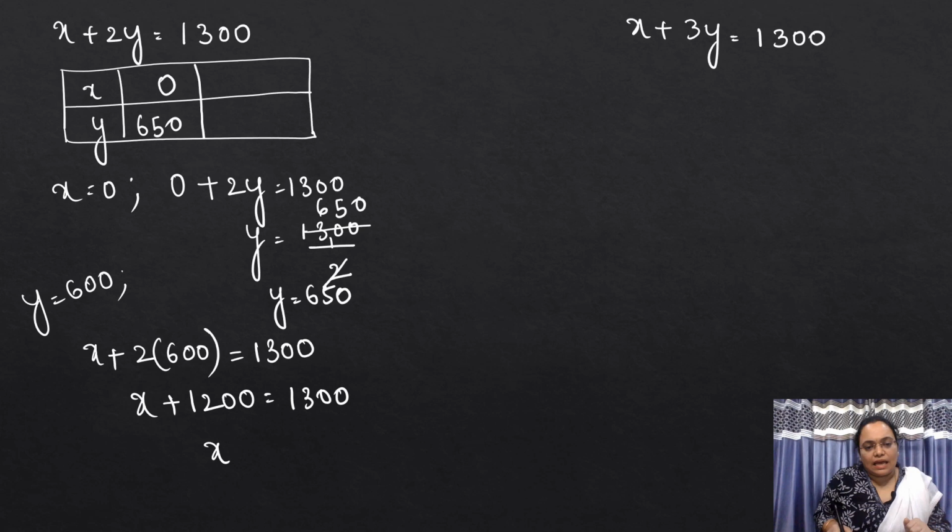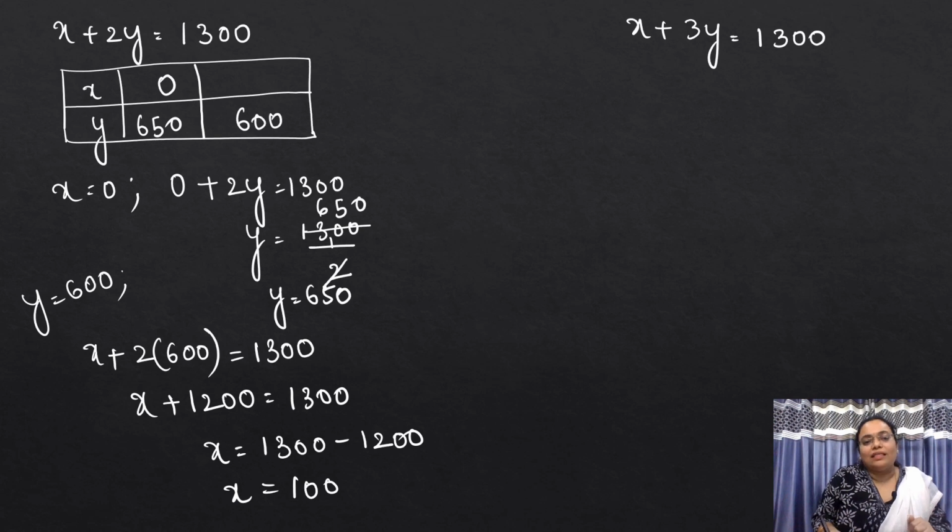That is x is equals to 1300 minus 1200, which is 100. Okay. So when y is equals to 600, the x value is 100. Clear? Now let us take it as points. A of 0, 650 and B of 100, 600.